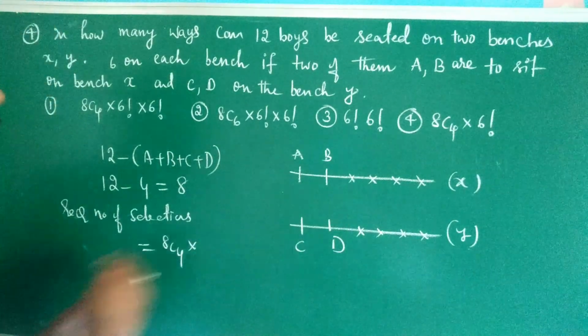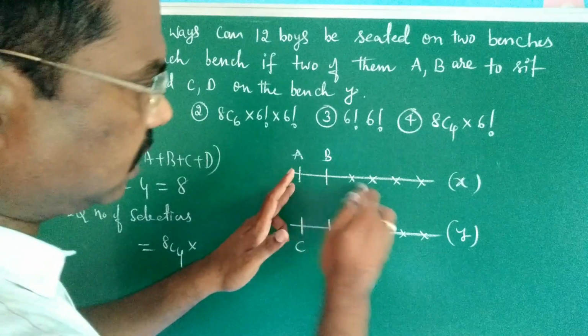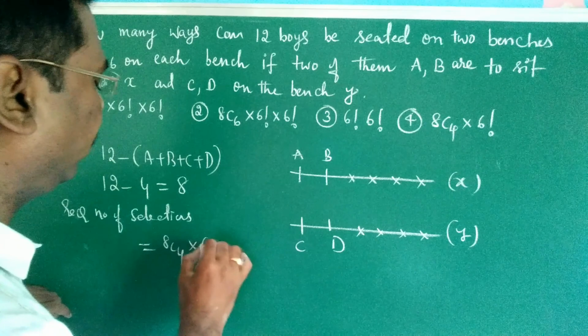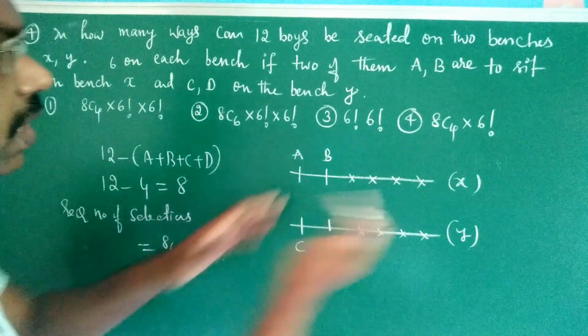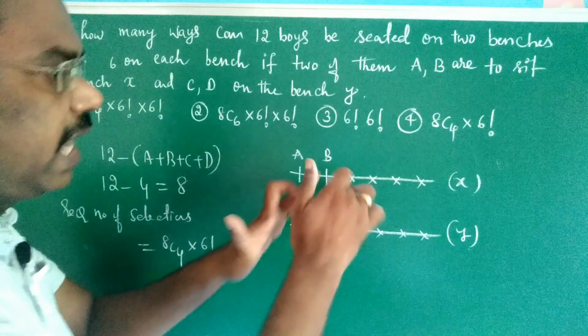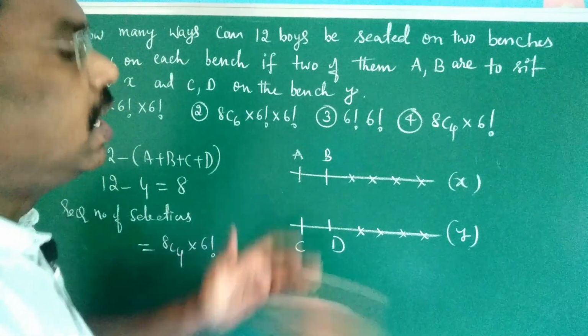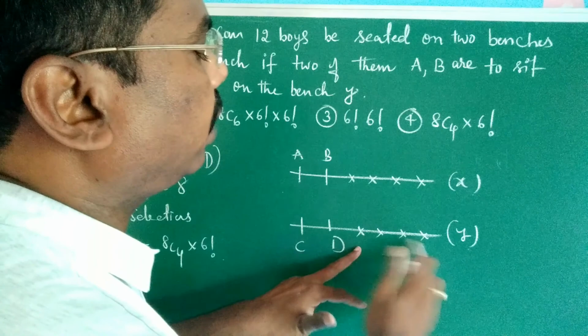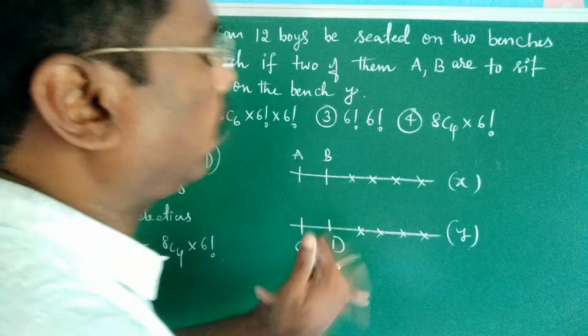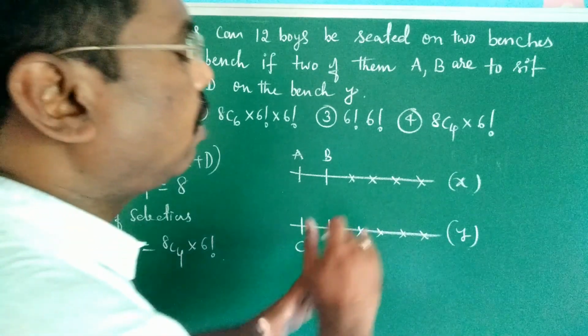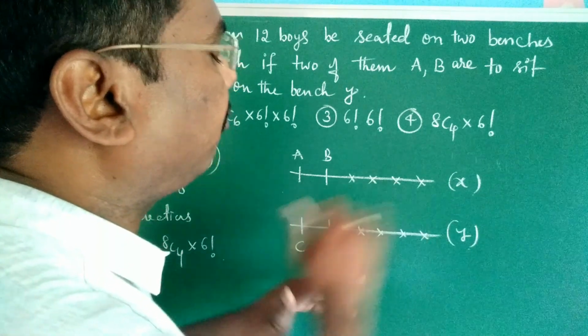Into, now 6 persons can be arranged in 6 places, 6 factorial. Already 4 persons are arranged in bench X. Remaining 4 persons are there, and we have remaining 4 places in bench Y. Now 4 places can be filled with the remaining 4 persons.